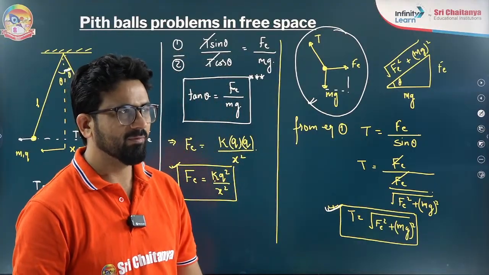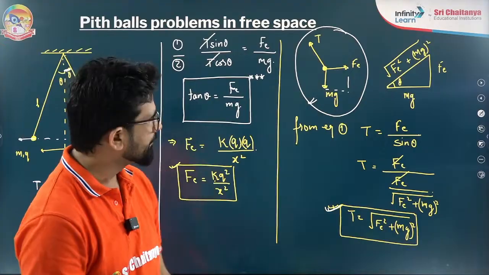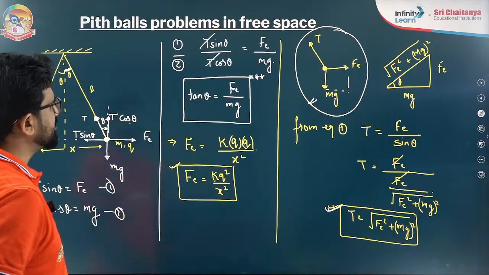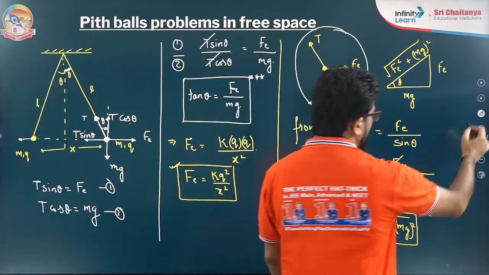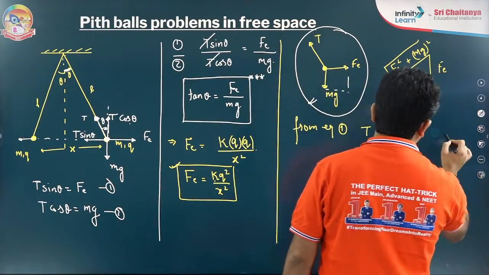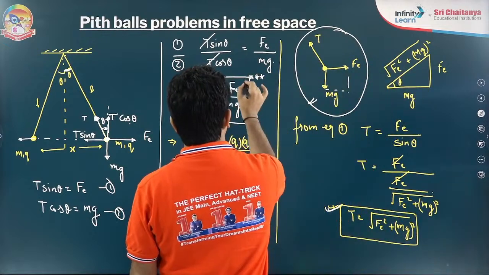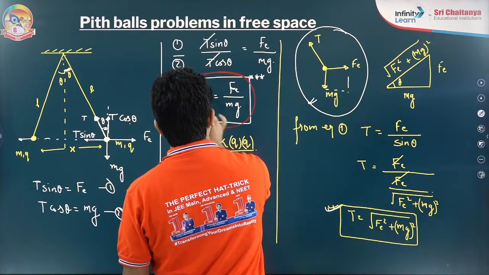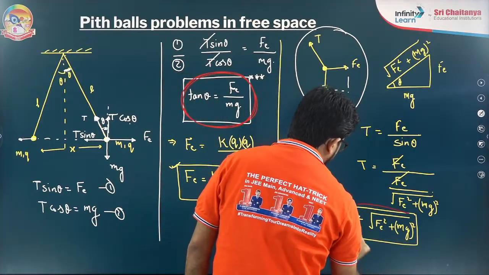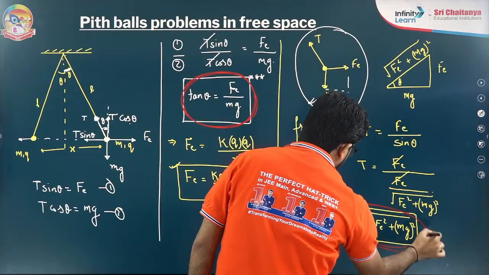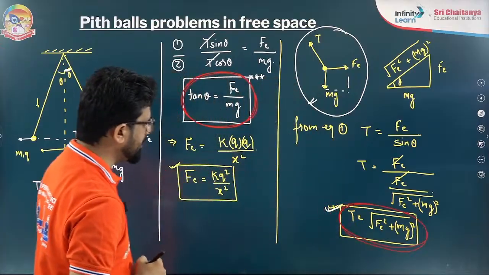Definitely, with time you will learn the things. Okay, this was the one question. I told you the concepts in this question that you have to remember. Very first concept, tan theta is equal to Fe by mg. Very important concept. And the tension is equal to root over Fe square plus mg whole square.